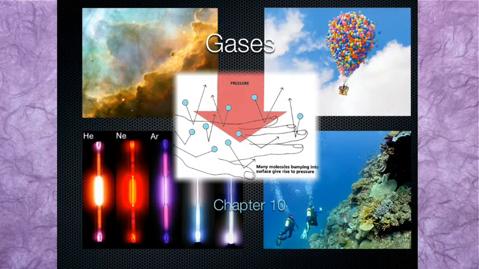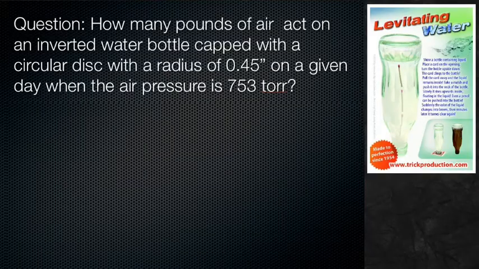So again, this tutorial is just meant to show you some of the basic equations that we use to describe what happens to gases when several changes are made to them. The first equation to look at is the one that we use to define pressure, and pressure is defined as a force divided by an area.